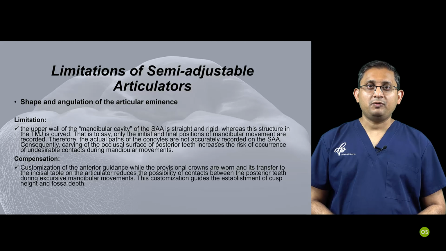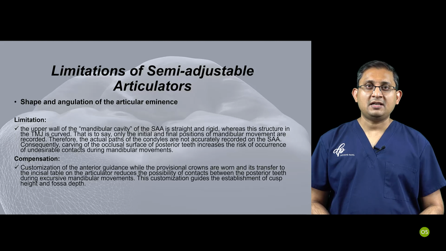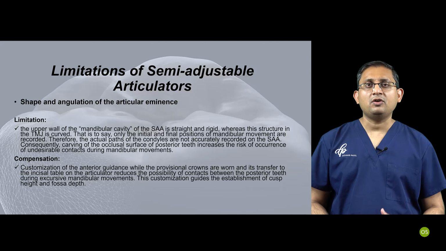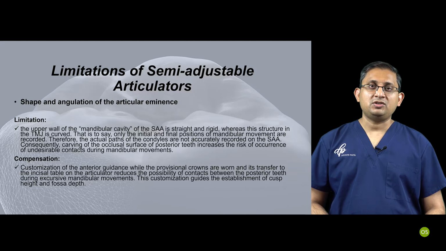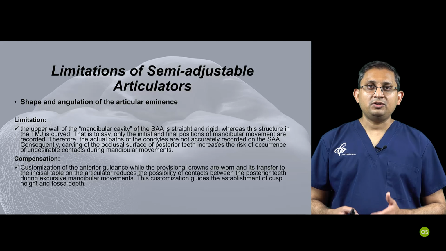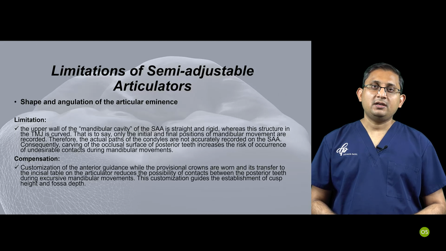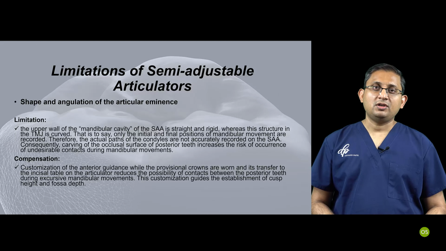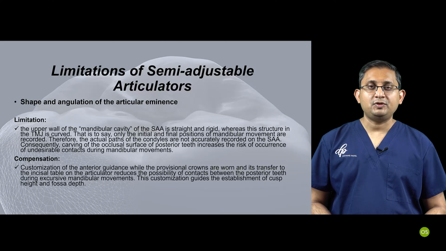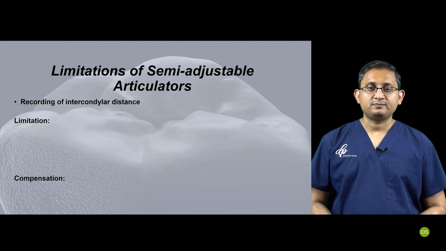Once you're happy with that provisional restoration, the wear on it, there's no chipping or fracturing, and you have checked the patient's envelope of function, then you can use an anterior custom guidance table, fabricate that, and use the same shape in your final restorations. So the custom guidance table helps you in mitigating that limitation.